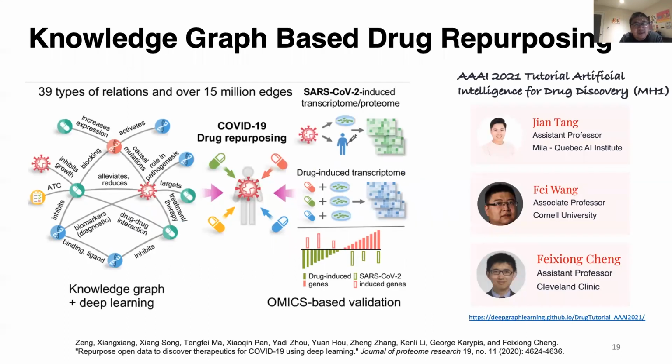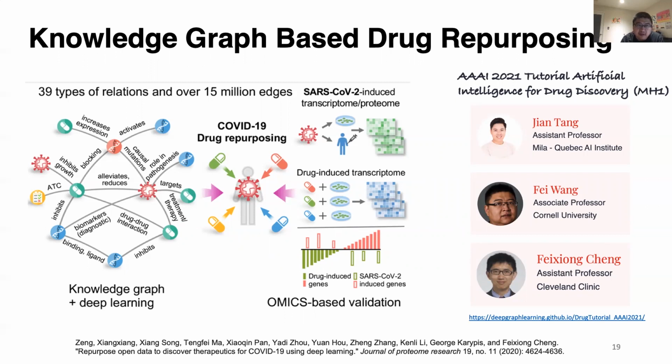And this is a paper published by my colleague Feixiong Cheng's team, in collaboration with Amazon, where they have constructed a huge knowledge graph, which includes 39 types of relations over 15 million edges, and they use machine learning, especially network embedding approaches, to look for potential repurposing drug candidates.